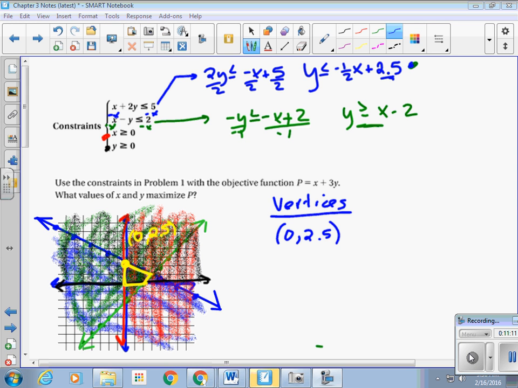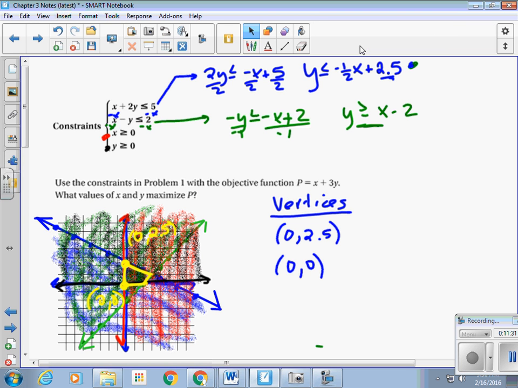It's the y-intercept of my blue line. I'm going to have another one here at 0, 0. While 0, 0 is not going to probably ever maximize our function, it definitely might minimize our objective function.